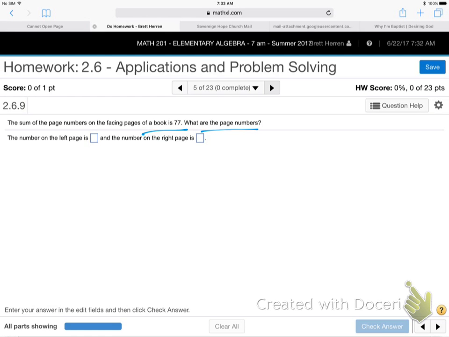So what's this page? Consecutive. Yeah, it's one higher, huh? So they're just being fancy to say, hey, we're thinking of two numbers and one's one higher than the other.